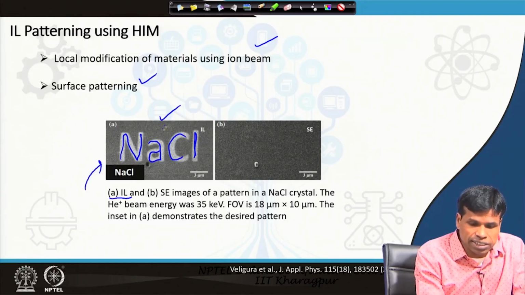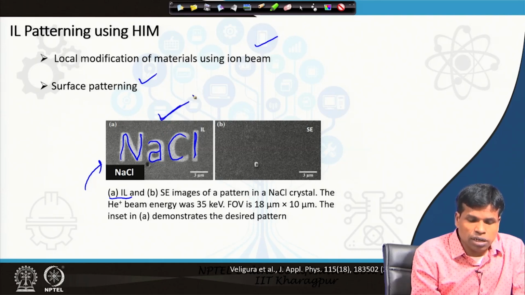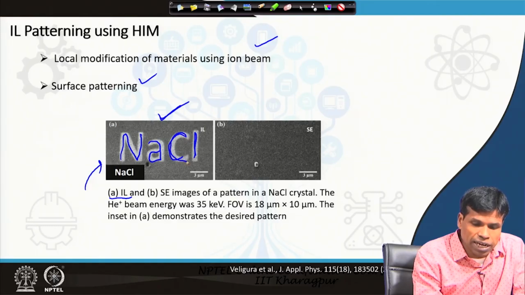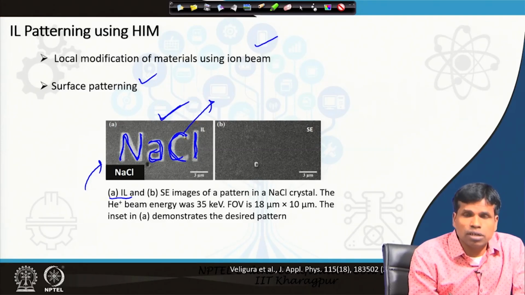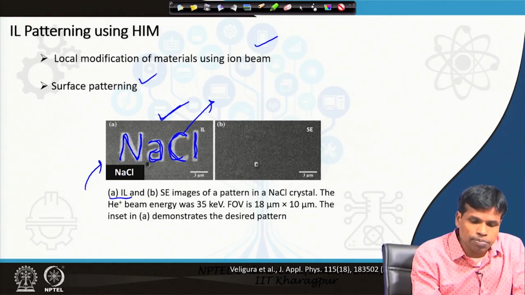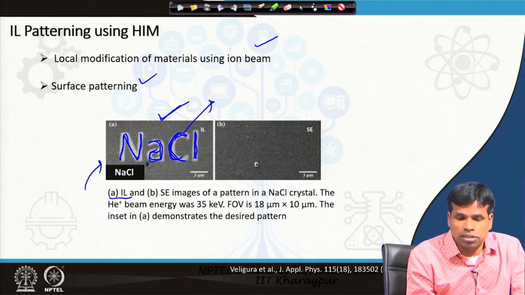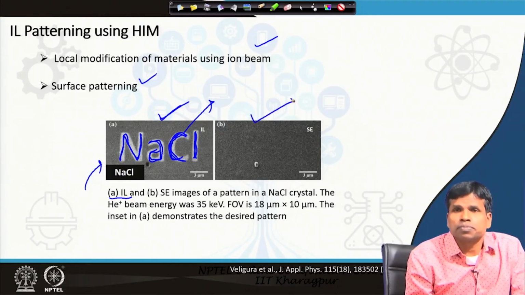Then you see an ion luminescence image. Once the ion beam scans this area of the sodium chloride crystal, this region gets modified, or rather more defects are created because of ion beam interaction. As the defects are created in this region, they produce luminescence, which we do not see here.